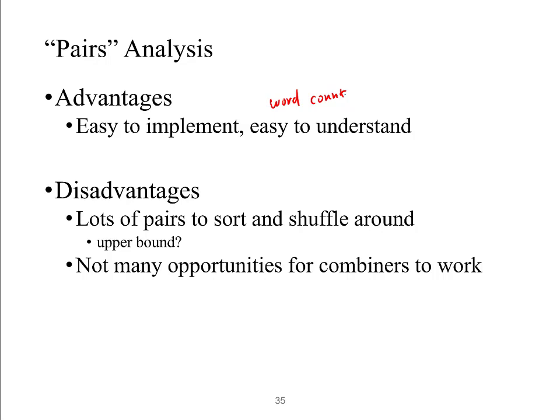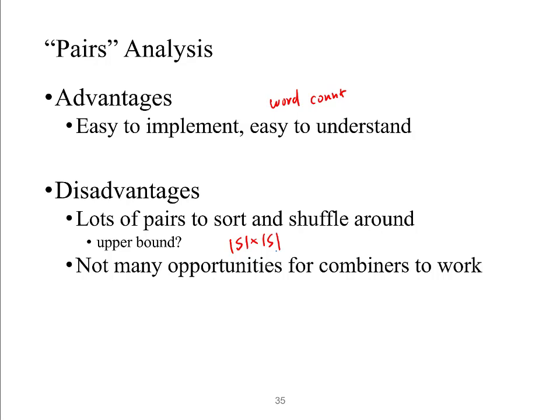For example, for only one sentence, we would have at most s times s, the length of the sentence to the power of 2, this many pairs to sort and shuffle.